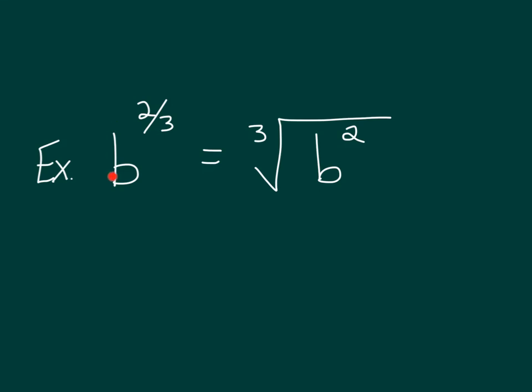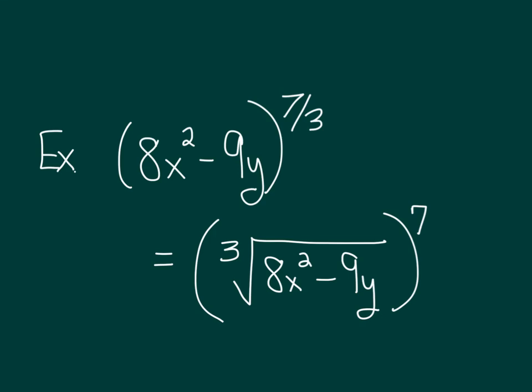So an example of what that looks like, b to the 2 over 3 is equal to the cube root of b squared. So notice how they're changing positions here.